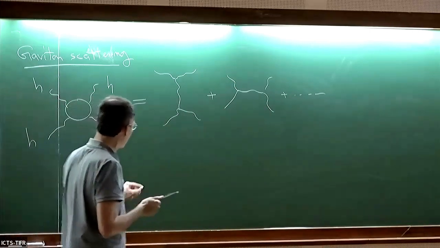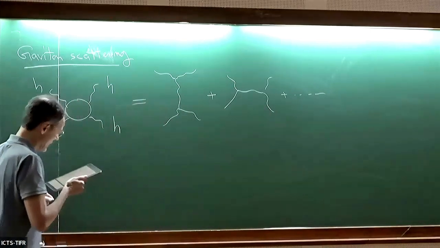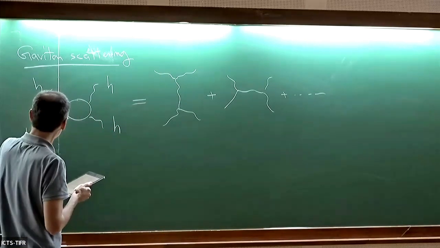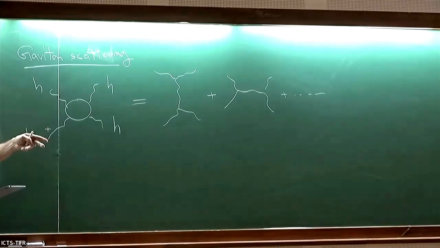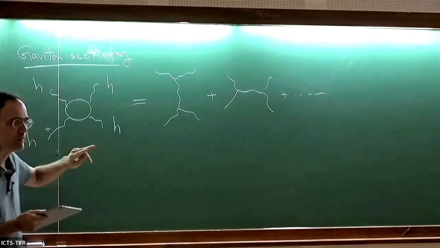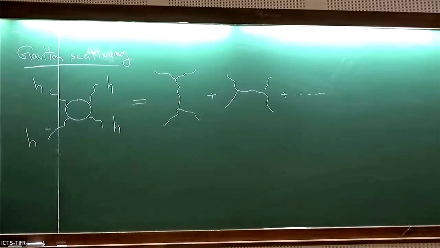Now, the result can be written, and we'll do it with amplitudes, in a very simple way. When you select the helicity, because we are talking about physical states at the end, gravitons are massless, so they have two degrees of freedom related to the helicity of the state, plus 2 and minus 2.